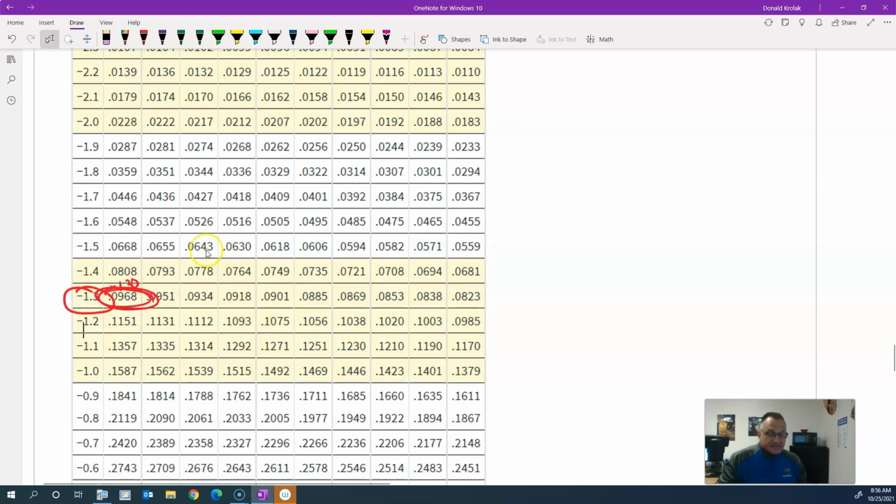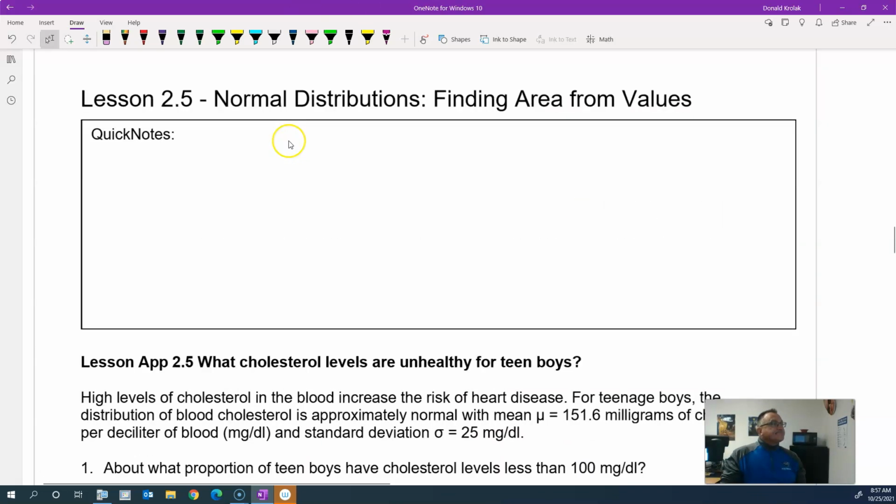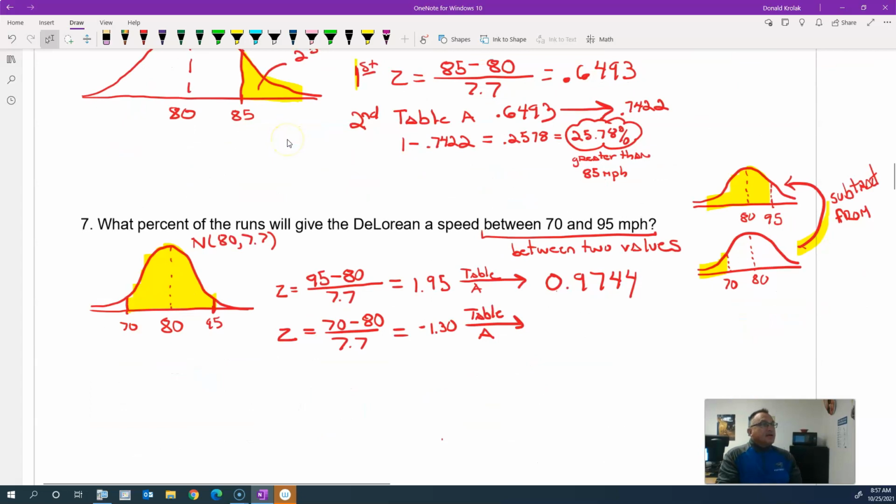So 0.0968. Okay, and now what I'm going to do is subtract these two.